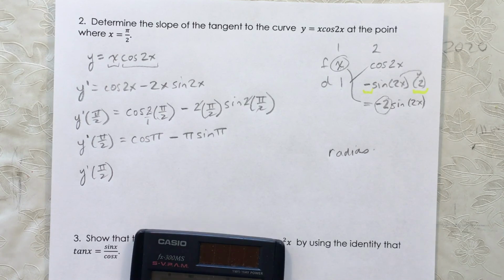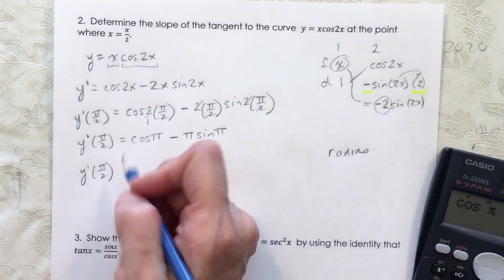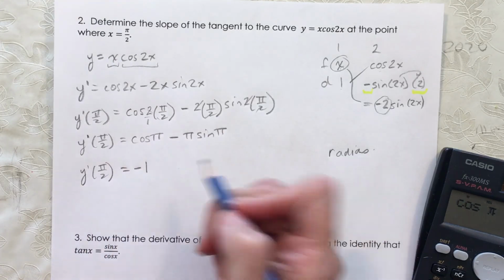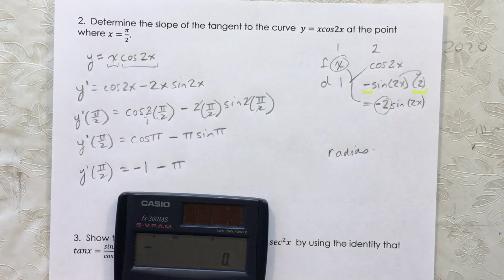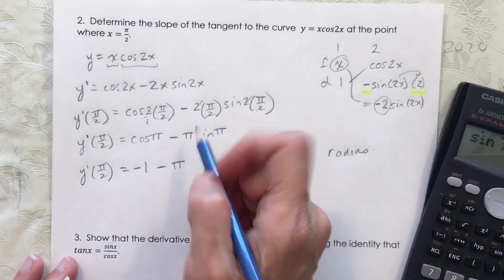And then I can do cosine of pi, and it gives me -1 minus pi times, then I could try the sine of pi if I didn't remember it, and it gives me 0.